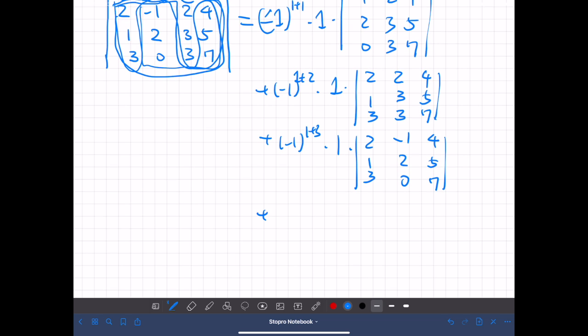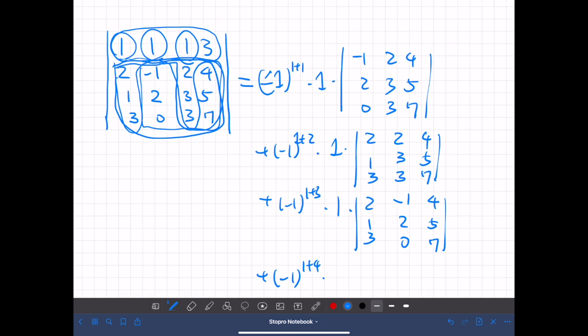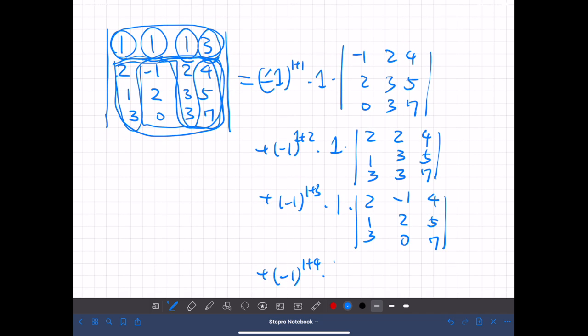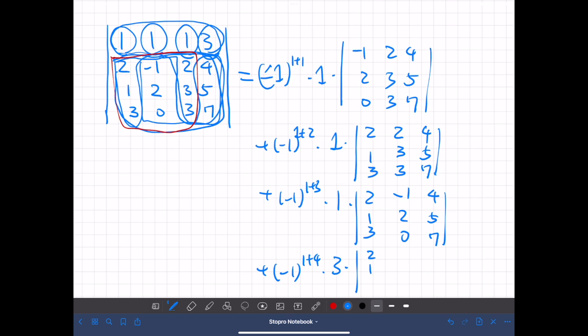And the last one would be 1 plus 4 times 3, times the remaining matrix, let's change the color, that will be this one. So 2, 1, 3, negative 1, 2, 0, 2, 3, 3.